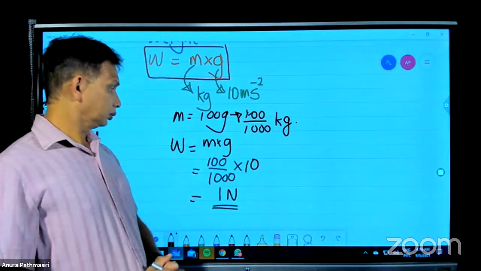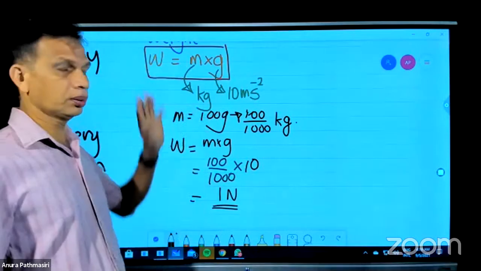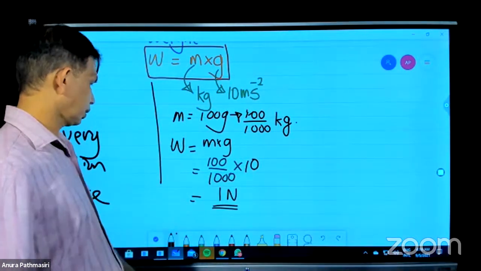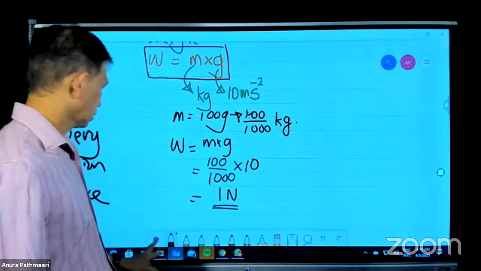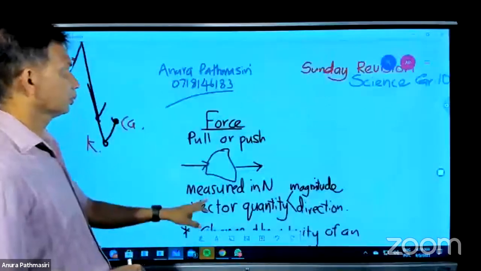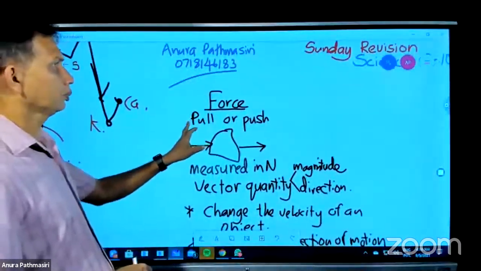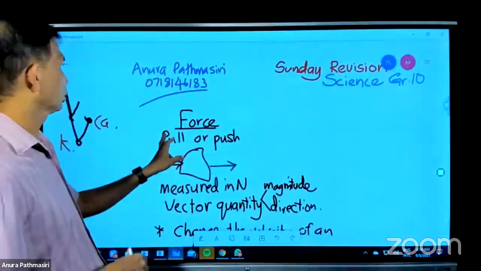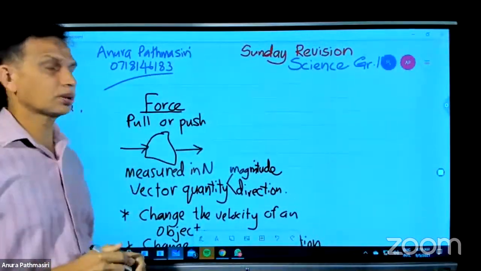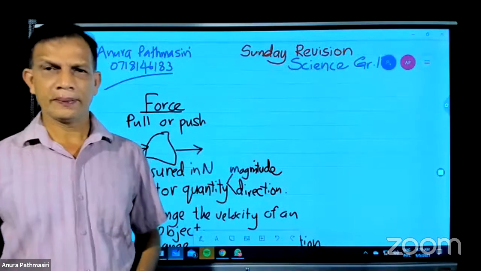Right. Then the story is about mass and weight. What we are discussing here is what we started to talk about today. As I told you, we're going to talk about Newton's laws of motion.